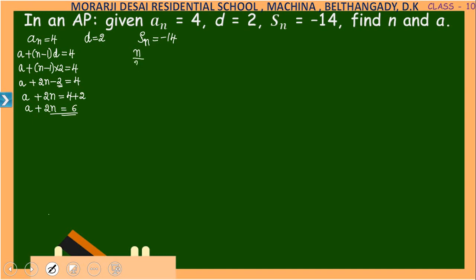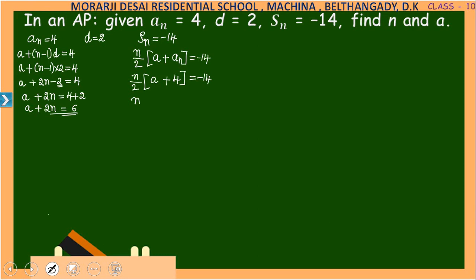I will apply this formula: n by 2 into a plus an is equal to minus 14. Value of n is not given, a is also not there. What is an? an is 4, is equal to minus 14. Now, how to solve this?